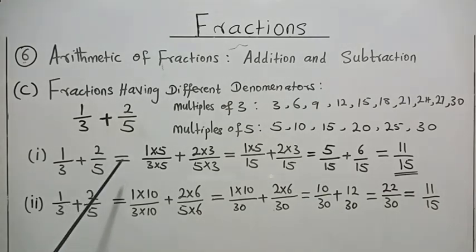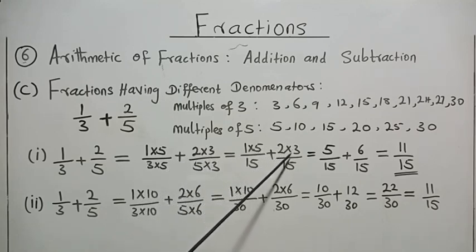I now think that you understand what has gone on here. All right, and we now know how 1 times 5 over 3 times 5 became 1 times 5 over 15, and how 2 times 3 over 5 times 3 became 2 times 3 over 15. Now, let's make progress.